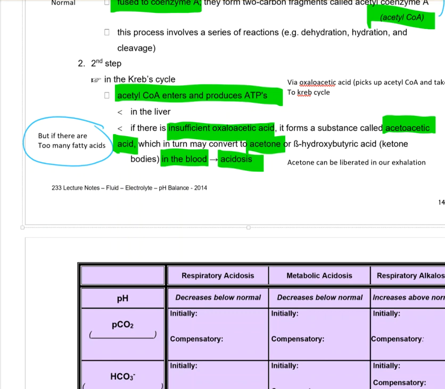If they have too many fatty acids in their bloodstream, we get ketosis, we get this problem where we don't have enough of the oxaloacetic acid, so the acetyl coenzyme A forms acetoacetic acid, and that gets converted into acetone, and we get, unfortunately, acidosis. People who have type 1 diabetes that's very uncontrolled for long periods of time definitely can get metabolic acidosis, and it can cause them lots and lots of problems.